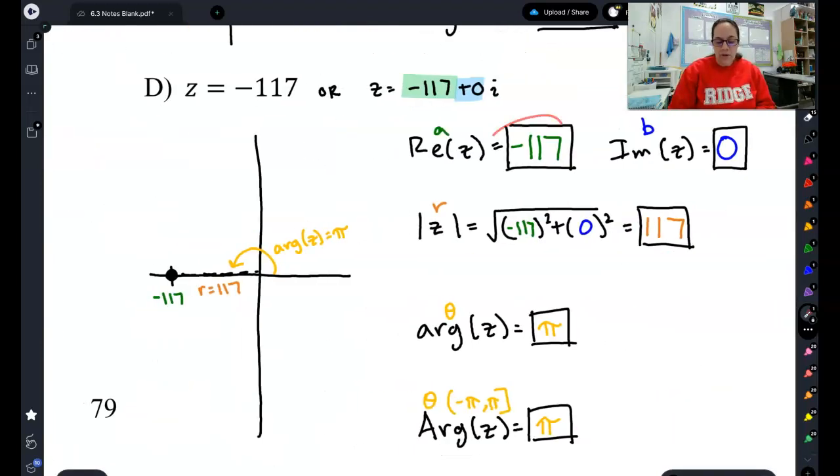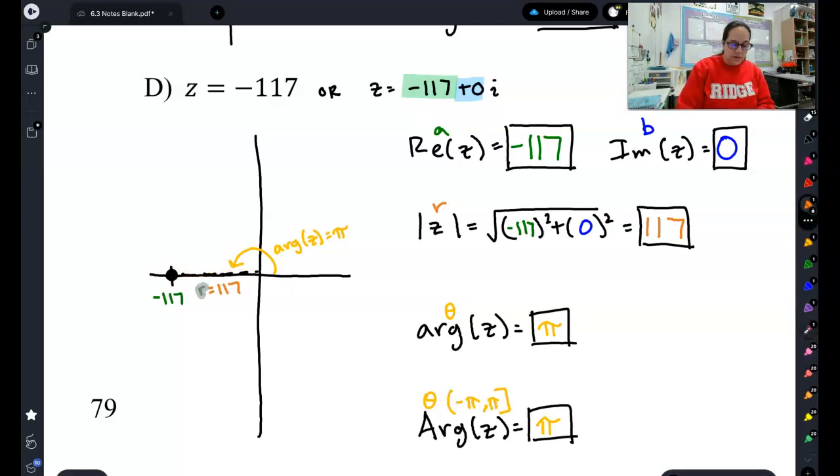And for the last one, the real part is negative 117, the imaginary part is 0. Plug that into our square root of a squared plus b squared equation to get the modulus, which is 117. If I plot this as a comma b, I get out here at negative 117 comma 0. So the radius or the modulus out to that point is 117.